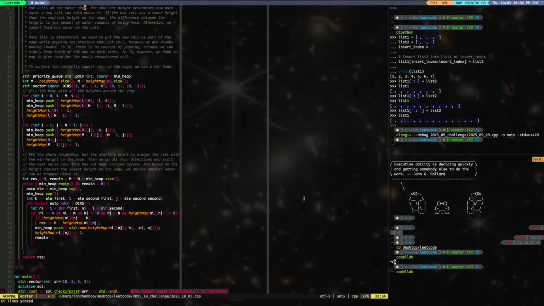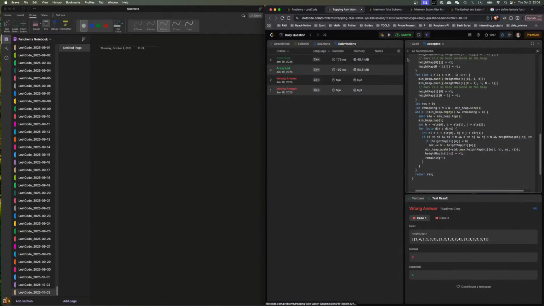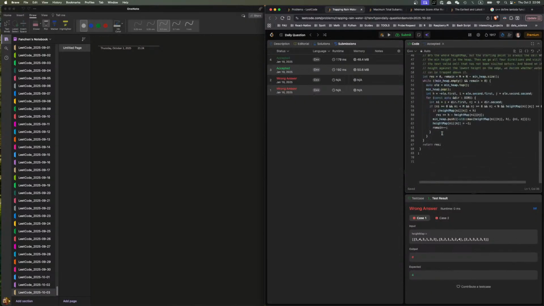I don't understand. I do not understand. Like, what the hell? What happened? I don't know. I don't even know how to debug this thing. Because I don't want to debug it. And I think it will take a long time.